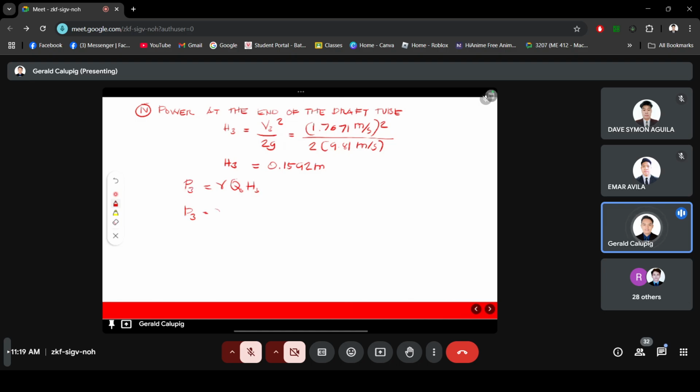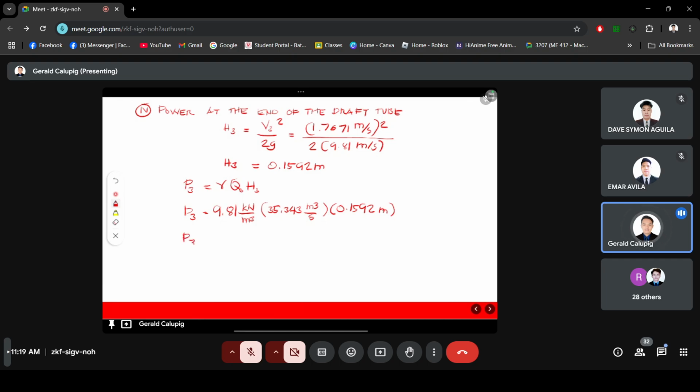The specific weight, which is 9.81 kilonewton per meter cube times Q, which is 35.343 cubic meter per second, and our H3 is equal to 0.1592 meters.